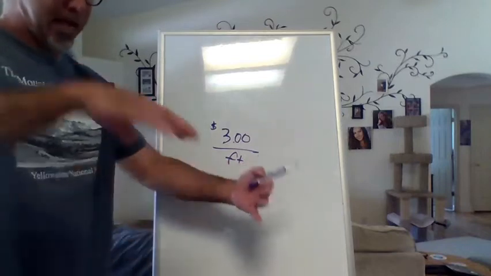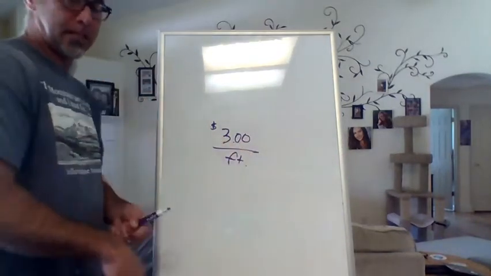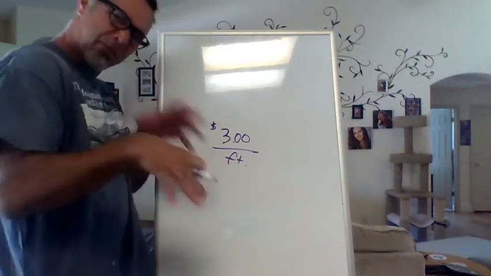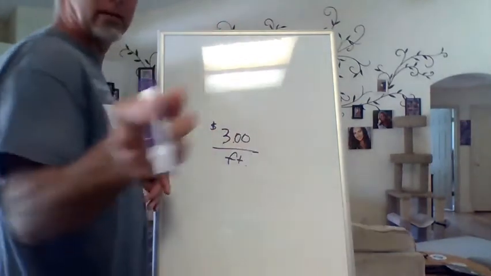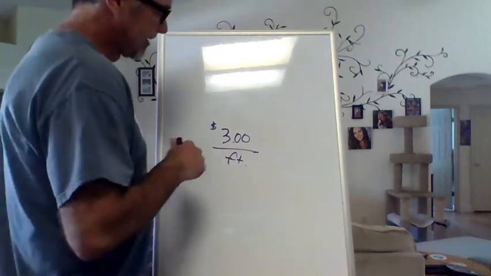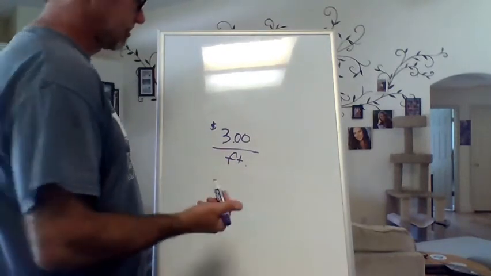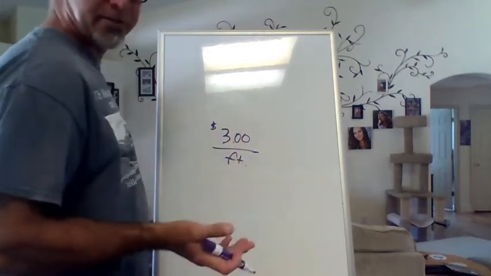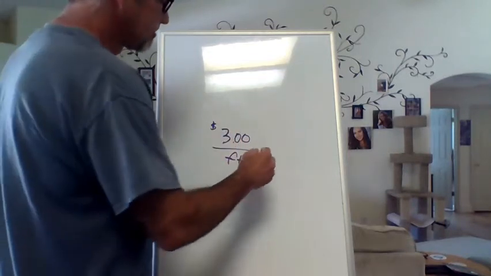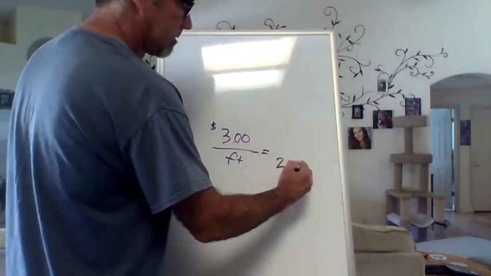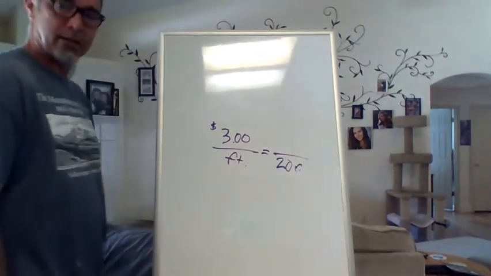You can talk about bags of dirt for a planting box. Do you know I have a planting box? It's a composting thing. It's kind of cool. You calculated all the math on that. $3 a foot. Not a foot like your foot. Unless you're talking about your shoes. You can't buy shoes for $3. And let's say you're going to buy 20 feet of wood. Well, how much do you have to spend?